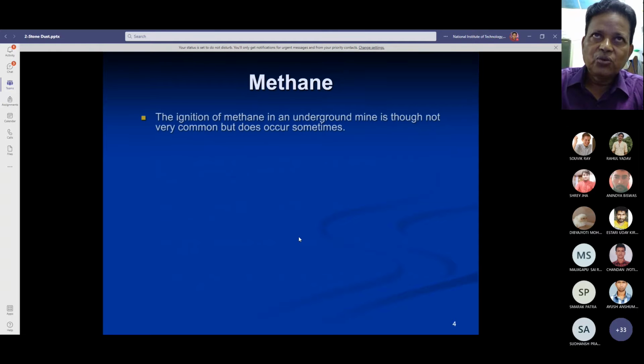So what is methane? We have also discussed what methane is, what the properties of methane are, and what a methane gas explosion is. The ignition of methane in an underground coal mine is not very common, but does occur sometimes.